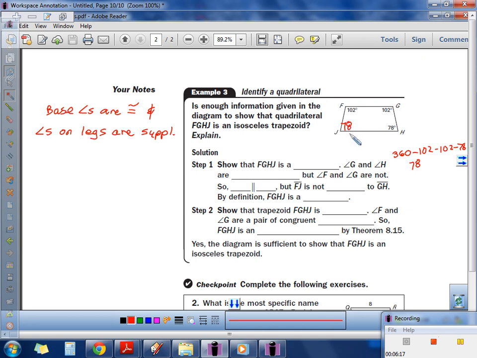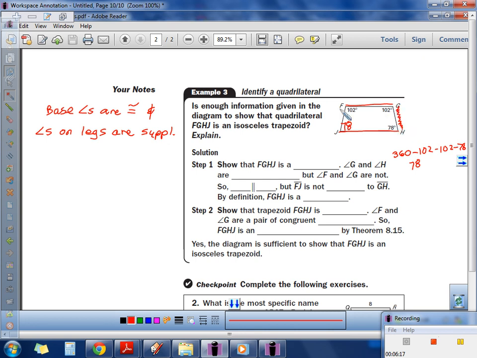All right, so we can figure that one out, and now we can think back over here. Are the base angles congruent? Well, this looks to be a base, and this looks to be a base. Congruent angles, looks good so far. The other thing I need to check, are the angles on the legs supplementary? So that's these two angles. Are those supplementary?